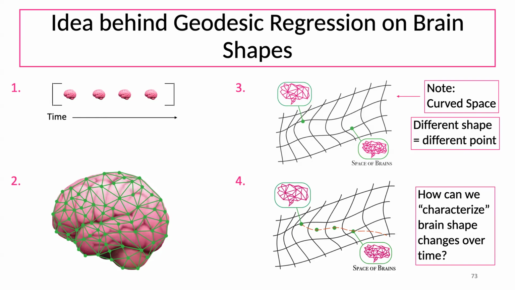So now we can apply statistics to it to characterize it. So how can we characterize brain shapes changing over time? How can we characterize cell shapes changing over time as they get cancer? Anything that has a shape, you can characterize it changing. It's amazing. That's why I love geodesic regression. That's why I had to tell you guys about it today.